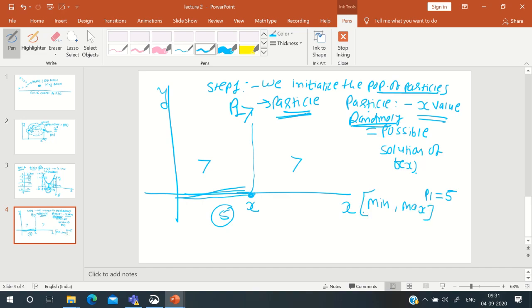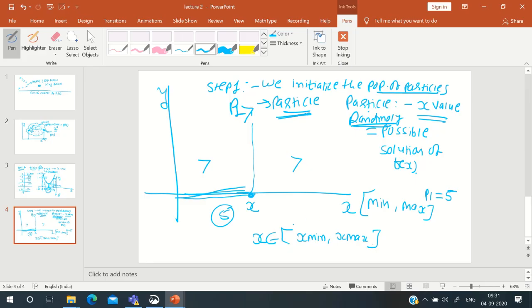This is the rule. Remember, in any optimization or engineering problem, each variable x has its minimum limit as well as maximum limit. If you consider the example of the human body, the heartbeat should exist between 70 to 90 pulses per minute.